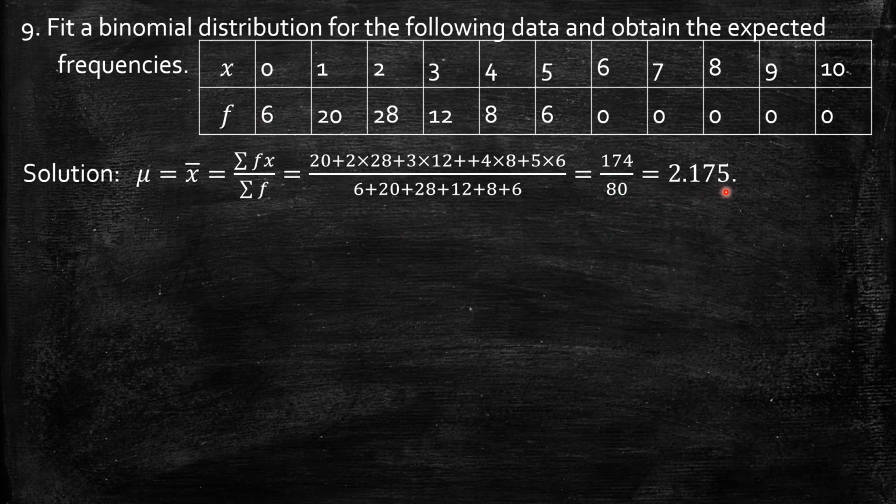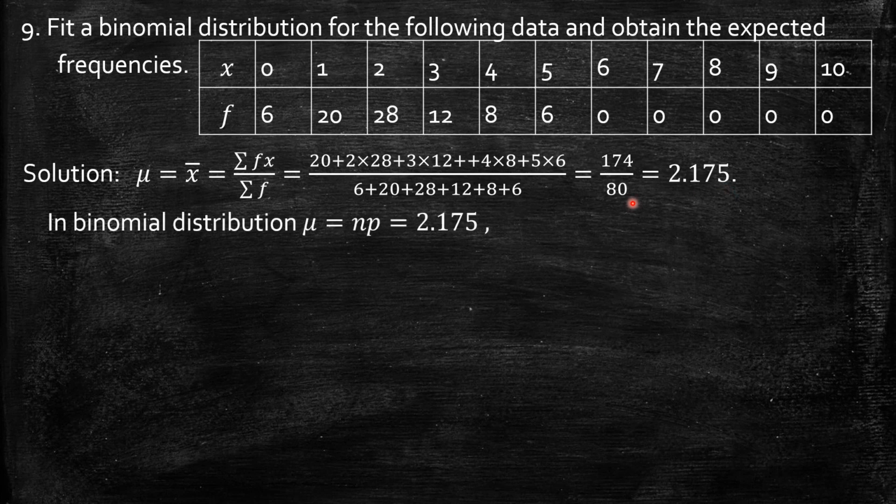So this is the mean of the binomial distribution, which is nothing but np. In binomial distribution we know that mu is np, which is already obtained now, that is 2.175. Since x takes the value 0 to 10, that means n equal to 10.